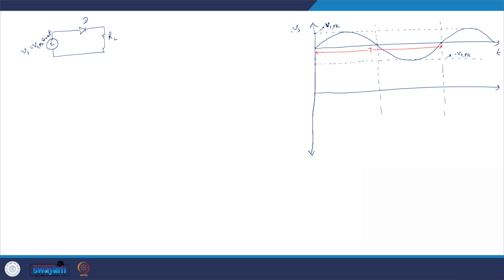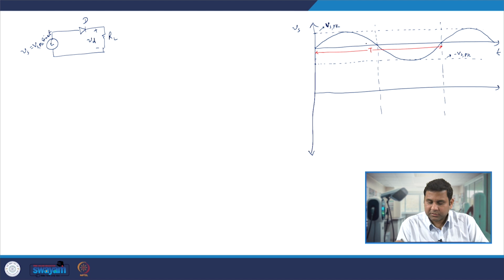So, in this particular positive half cycle, the anode of this diode sees the positive polarity of voltage, and as a result it will get forward biased and thus allow the current to flow through it. And also let us define the voltage across this as Vd. Since the diode is on in this positive half cycle, your Vd will be equal to Vs. Assume it is an ideal diode, that means the forward voltage of the diode is 0.